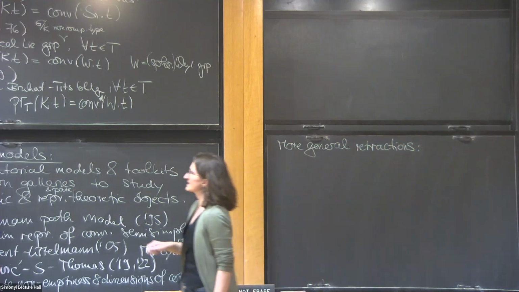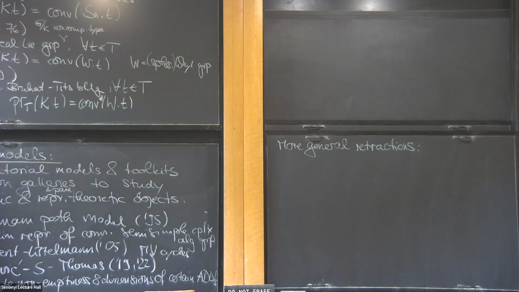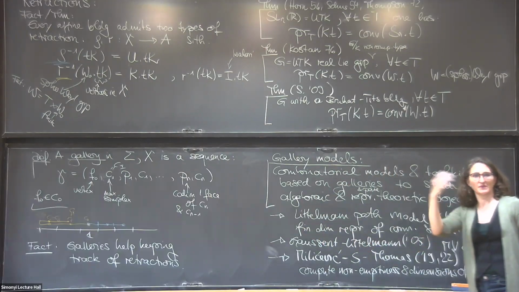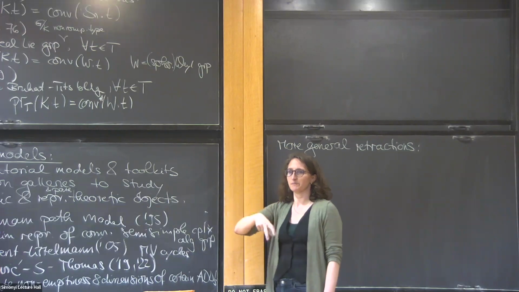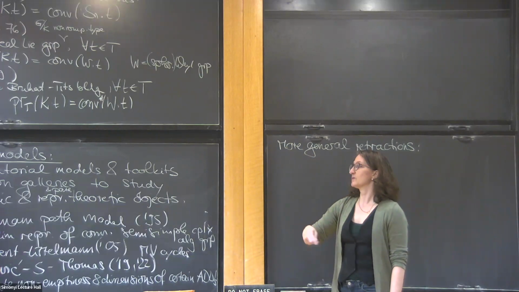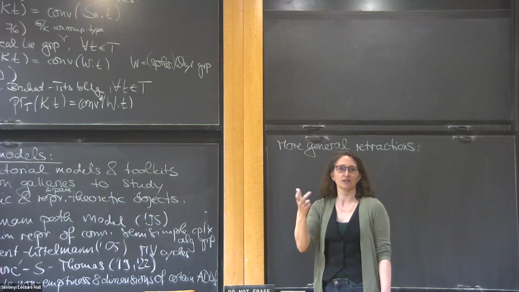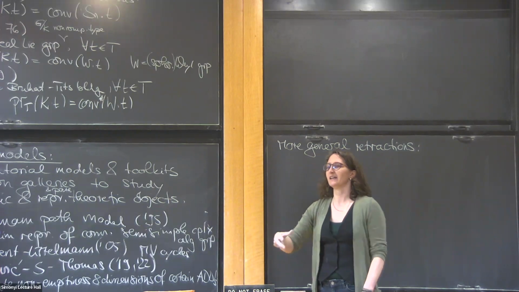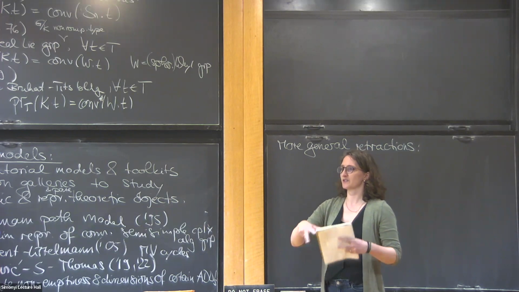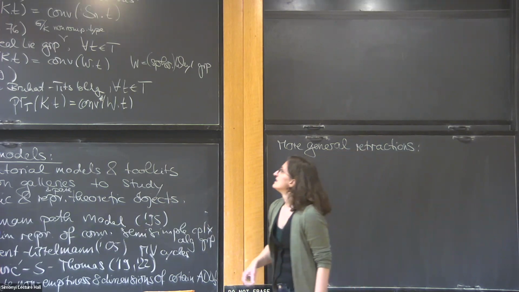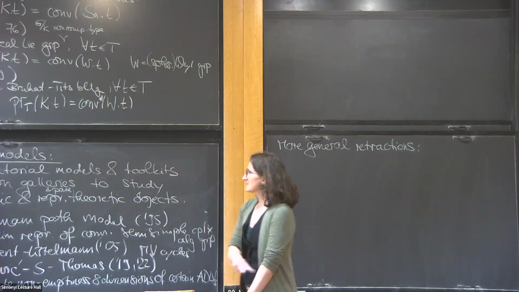So I told you that in an affine building, we have two types of retractions, the ones based at infinity and the ones based at a simplex inside your apartment. The ones with the simplex inside an apartment, they actually exist for every building, okay? You just don't have an infinity if you, for example, are in the situation of a circle building. So that other retraction does not make sense.